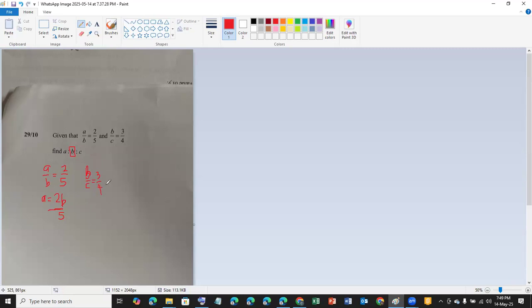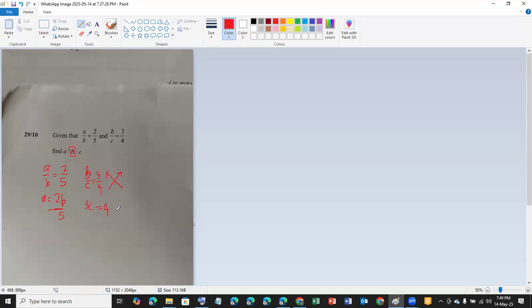I'm going to do something called a cross multiplication. This is what it simply means: the guy under on this side multiplies the guy on top on the other side, and the guy under on this side multiplies the guy on top on the other side. What that means is that this will now become 3C equals 4B.